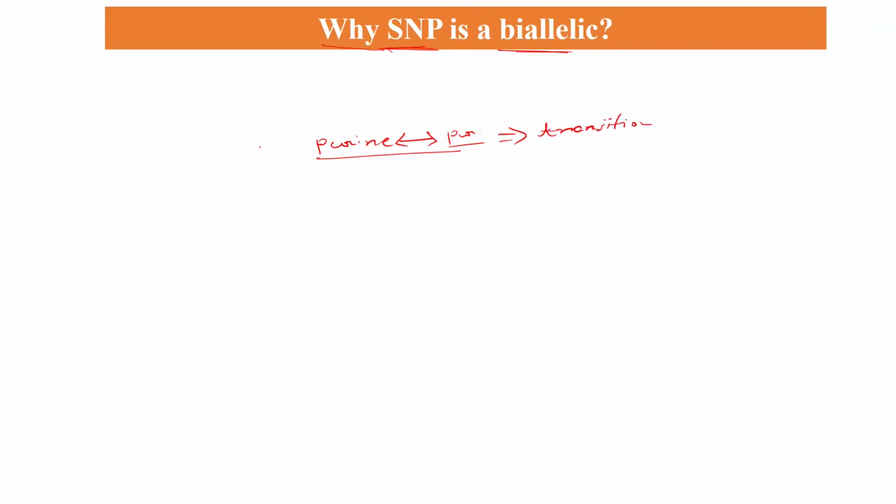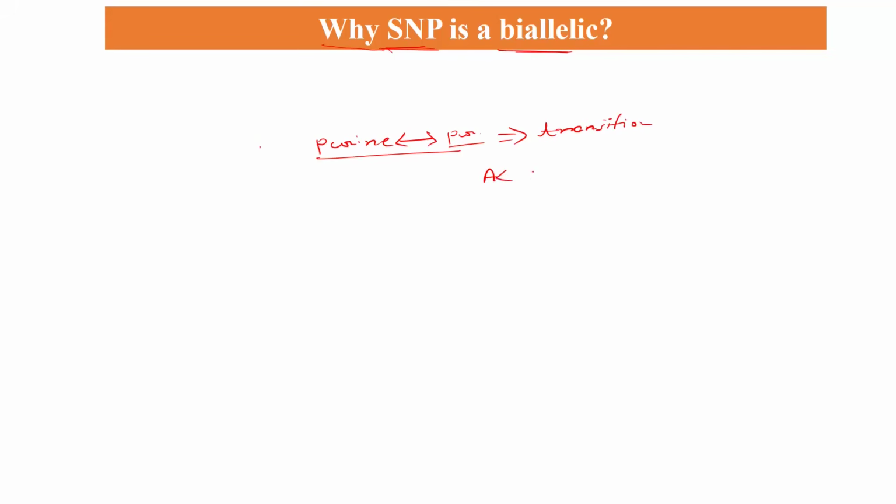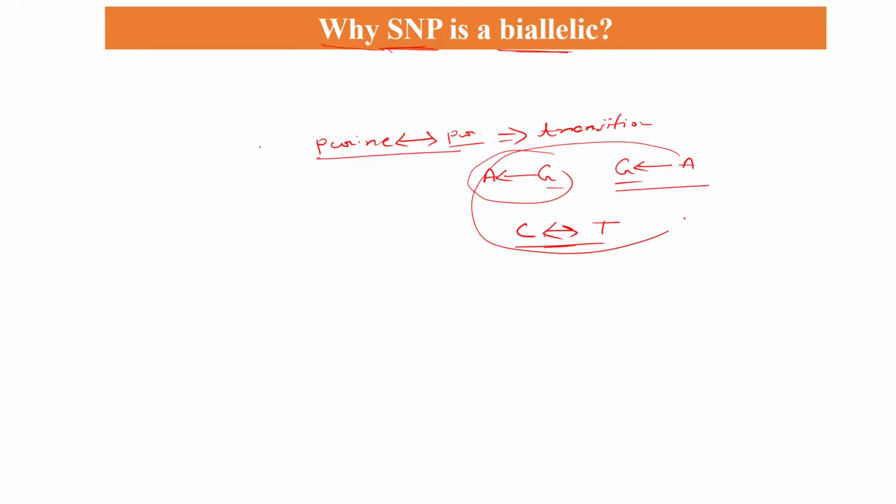For example, A replaced by G, and the opposite, G replaced by A, is also transition. For pyrimidines, C converted into T or T converted into C is also transition.